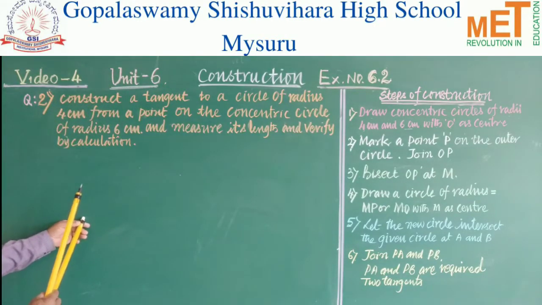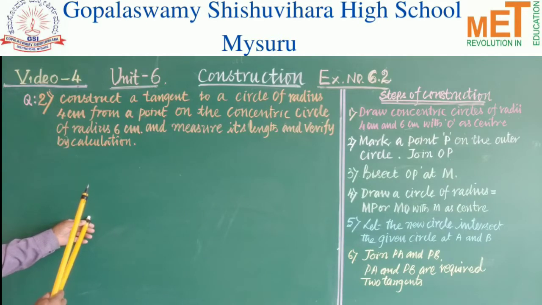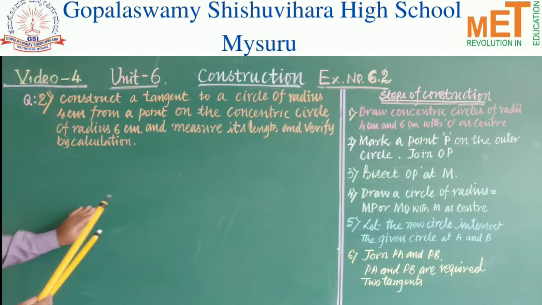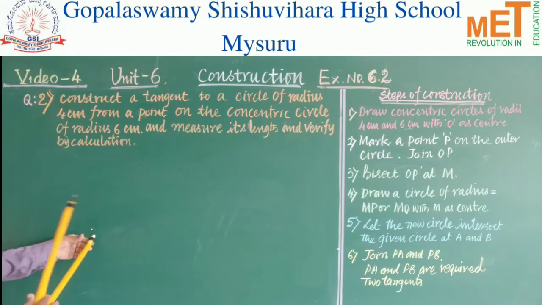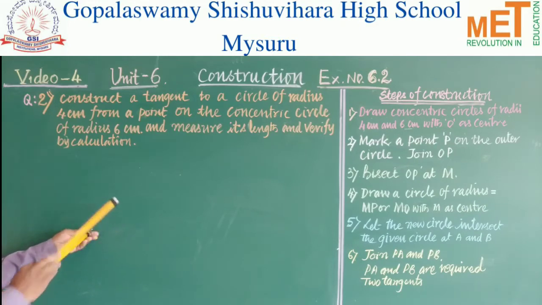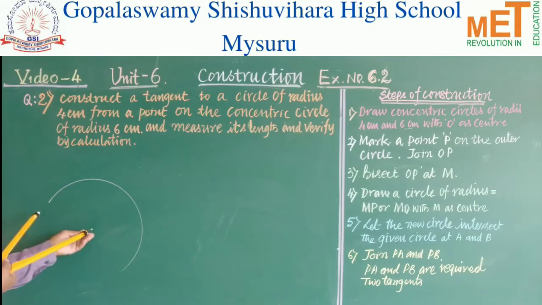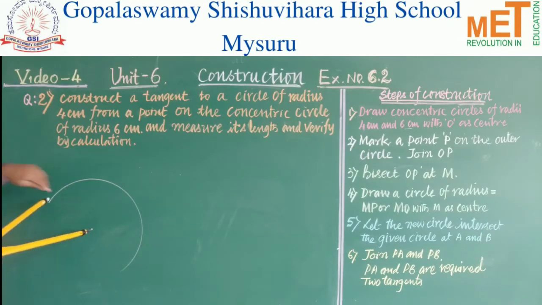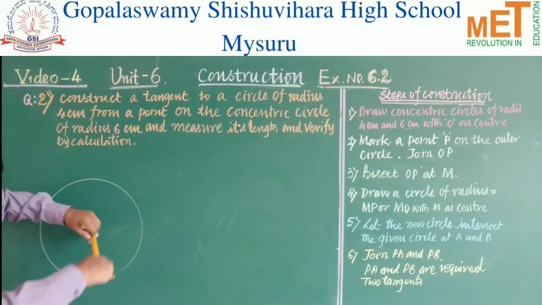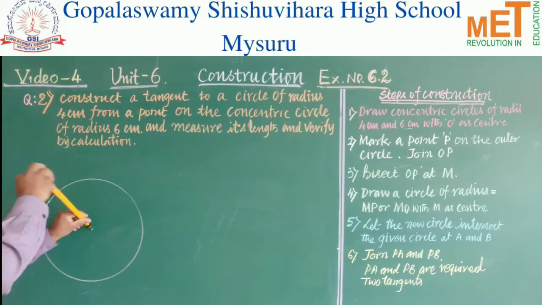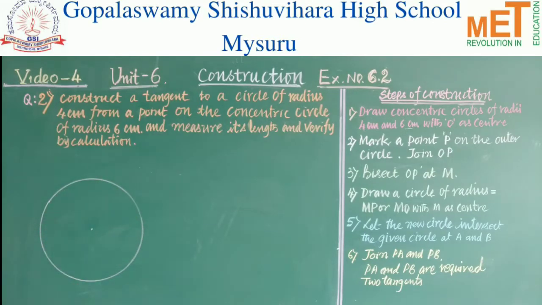Making a point here, name this point as O. This is of 4 centimeter radius.